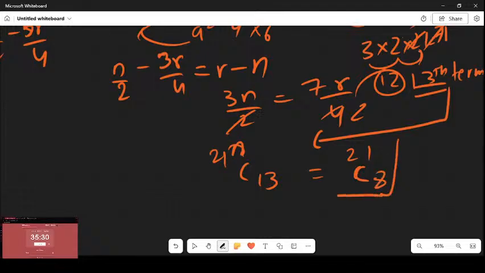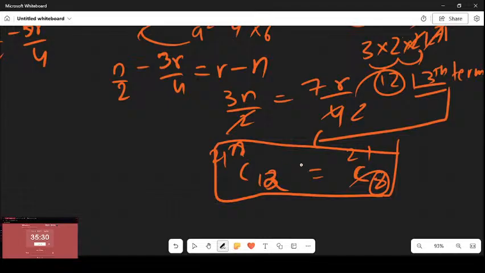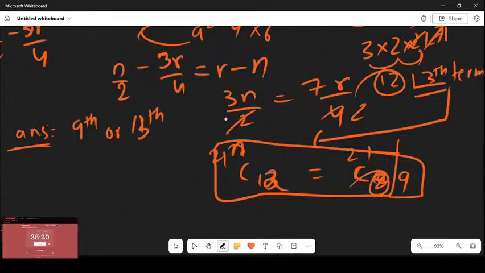So they could have given in the option as 8th term also. They could have given in the option that the answer is 8. No, actually it was supposed to be 12 here. If it is 12, it is 9. Okay, they could have given in the option that the answer to this question will be 9th term or 13th term.